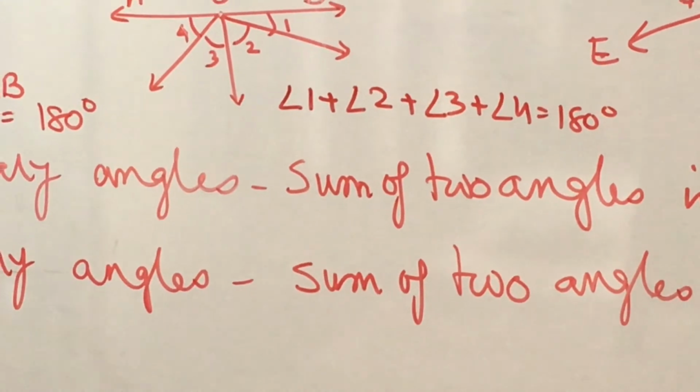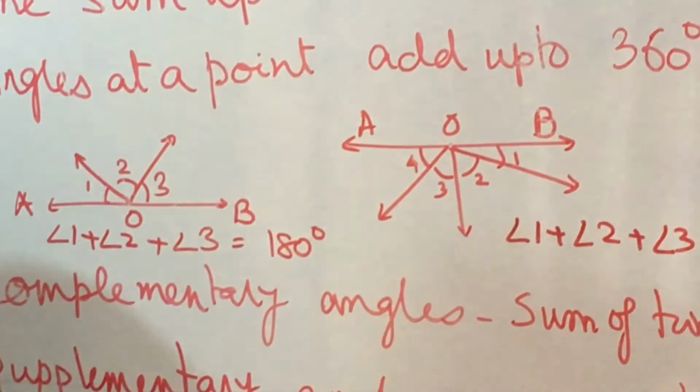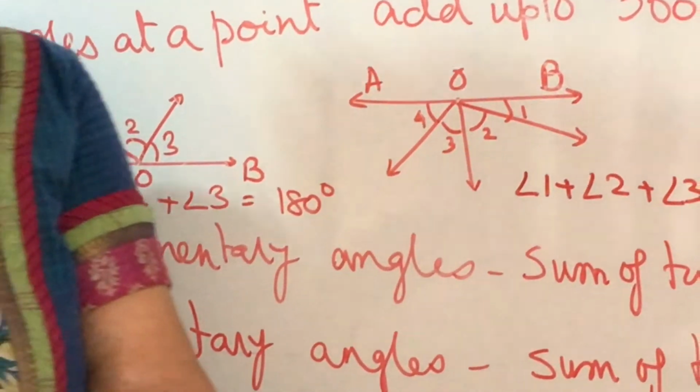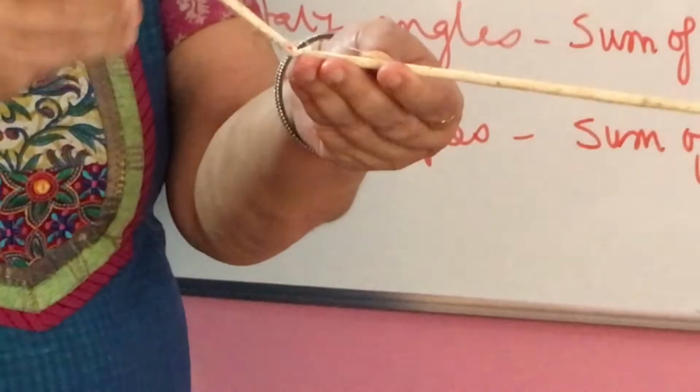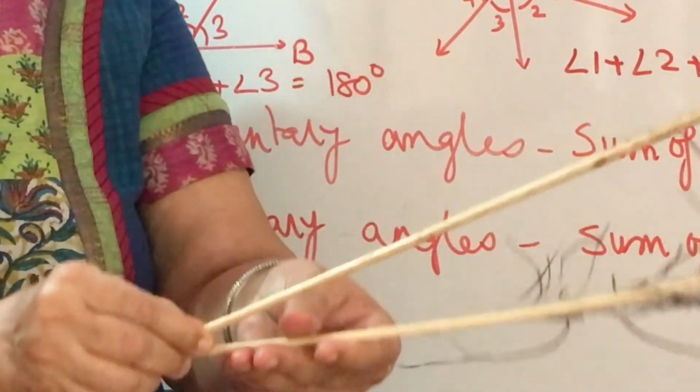Next we come to angles at a point add up to 360 degrees. We have already done that when we make a full rotation of one of the arms, the angle covered is 360 degrees.